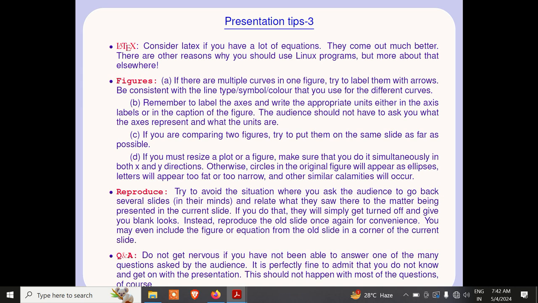So better use LaTeX, because LaTeX is a script which will print your equations directly in your slides. And since you already prepared your documentation report, it won't take much time to use the same script, same commands, even while preparing the slides.